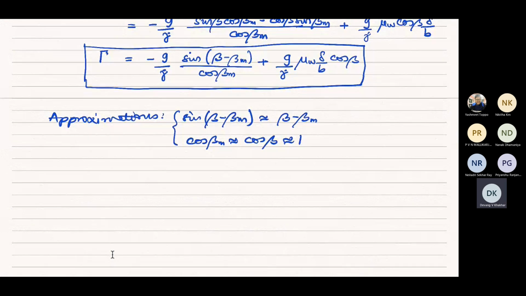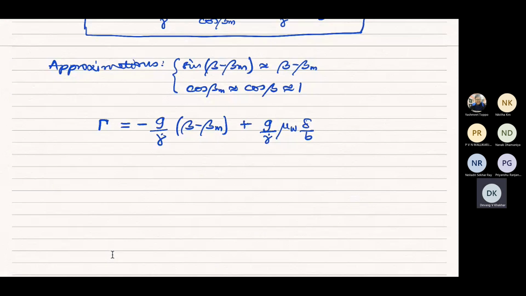So in that case, you will see that we get gamma is equal to minus G by gamma dot into beta minus beta m plus G by gamma dot mu w delta by b.